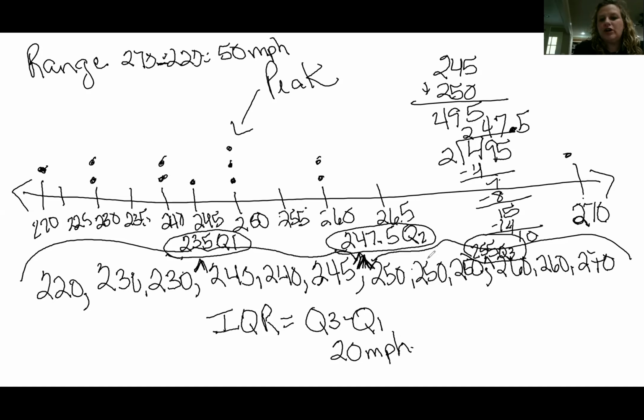And if you subtract quartile 1 from quartile 3, it's 20. Now, if you wanted to find the mode of this data, that would be the one that occurs the most, and that would be 250, because there were 3 250s.